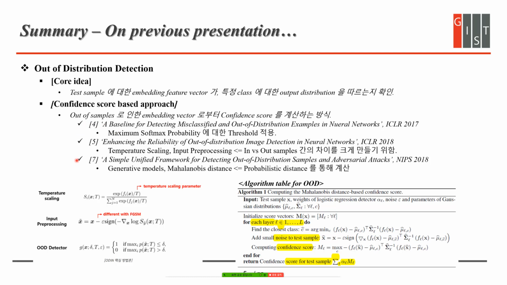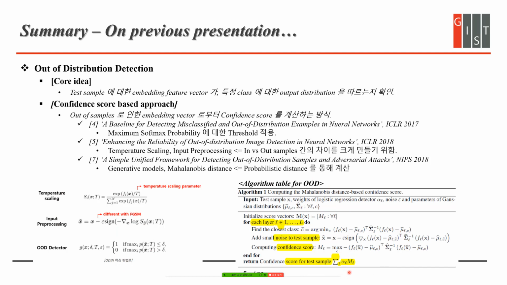There are three papers. There are techniques to magnify the difference between the output vector of the in distribution and the output vector of the outlier distribution, such as pre-processing.